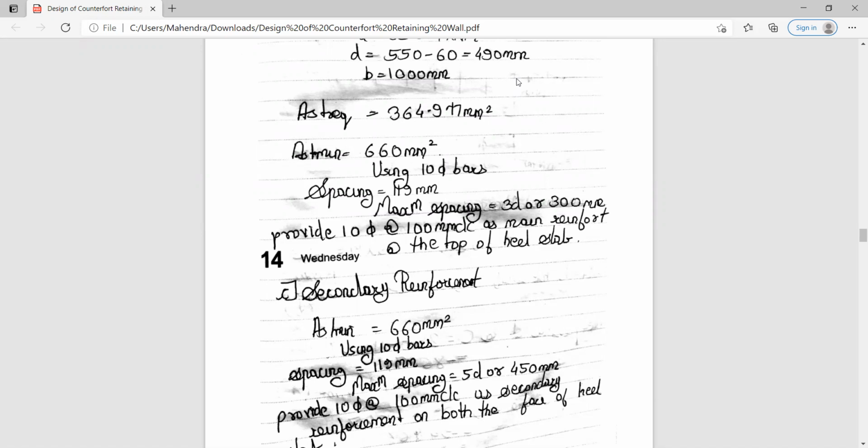Yes, completed. All of you are done up till here. Should I proceed with the design of the toe slab?